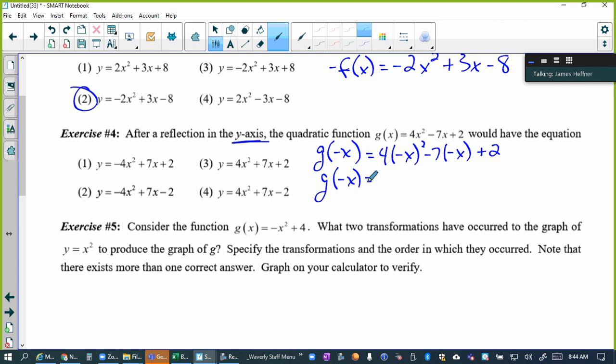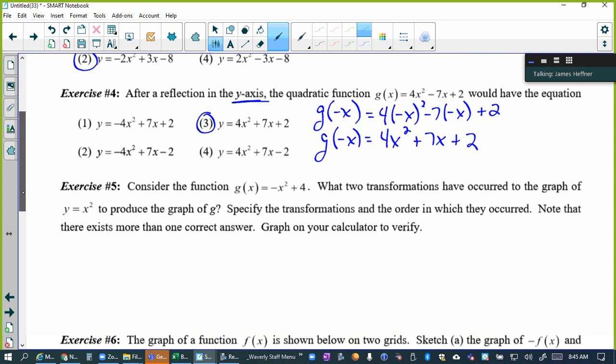Anytime you square something, it ends up being positive. 4x squared, then plus 7x plus 2. So it'd be choice 3. You guys see where you got a little sideways there, maybe? So you've got to tighten up with that a little bit, I think.